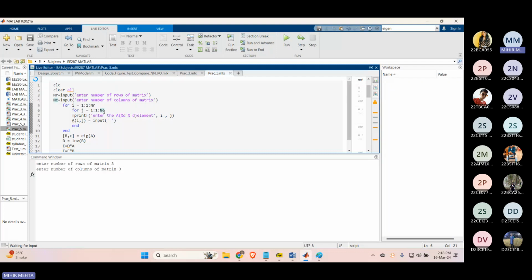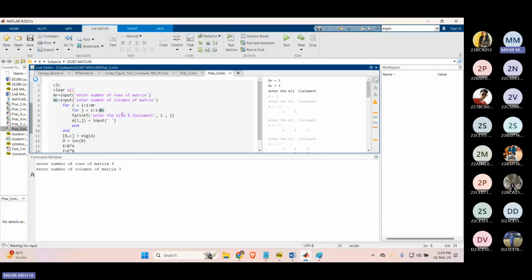Now let me just start showing you the output as well. So see, right now I was asked the value of NR, which I have placed as 3. NC, the value is placed 3. Now here it says enter the A percentage D element.